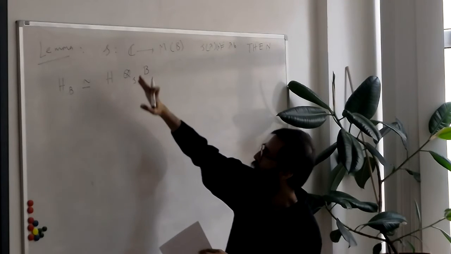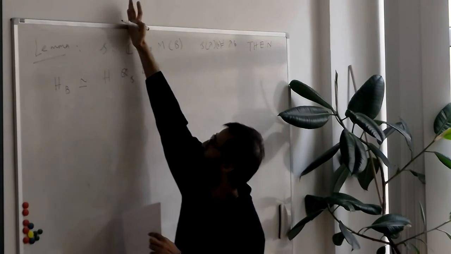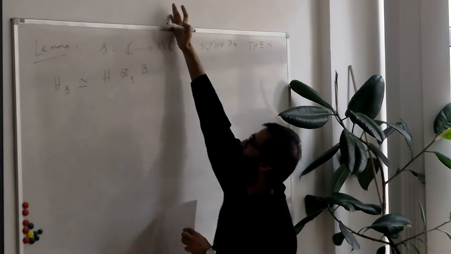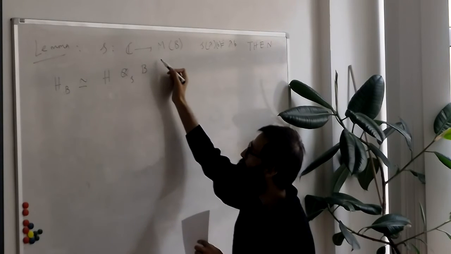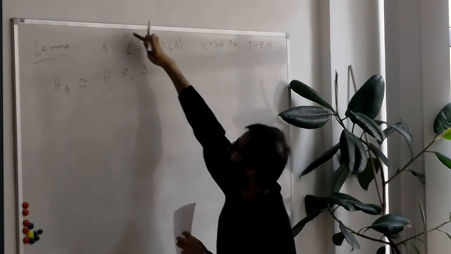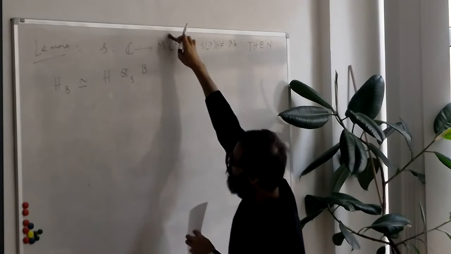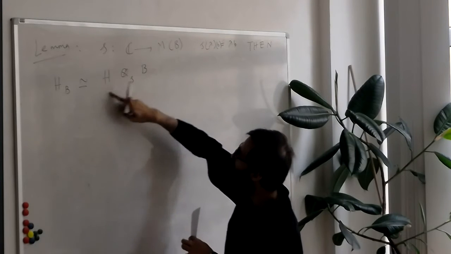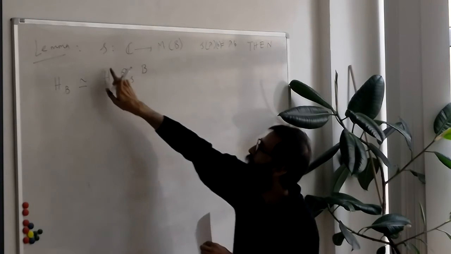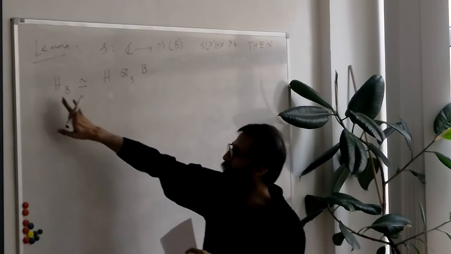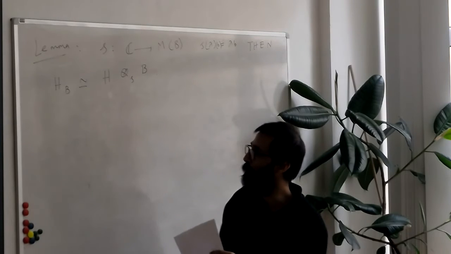So we recall that the internal tensor product requires a module over here and a module over there, connected via a morphism. Then the tensor product of this module with respect to that module makes sense. The module over C is H, the module over D is B itself, and I tensor with it. I get something, and this is the free B module.